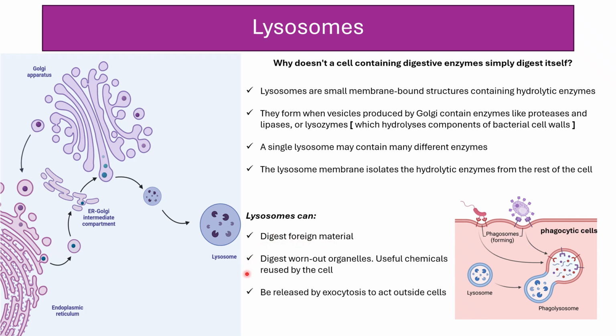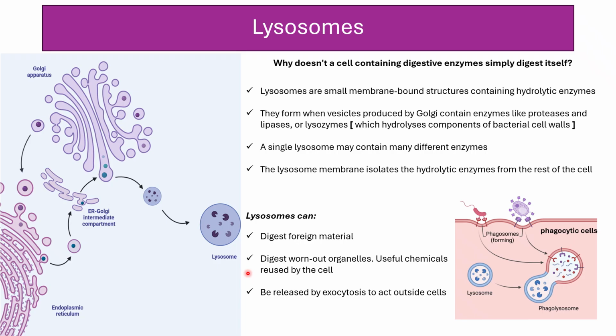A lysosome can also digest worn out organelles. Any organelles that are old within the cell and no longer functional, the lysosome can fuse with that organelle, and then all the hydrolytic enzymes within the lysosome will be secreted into that organelle and break down the whole organelle.